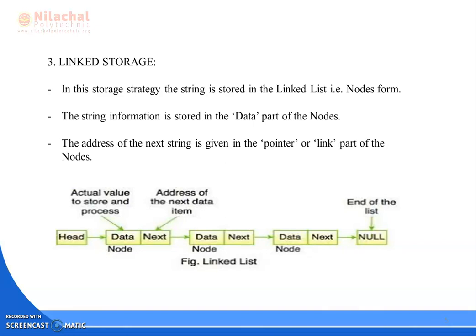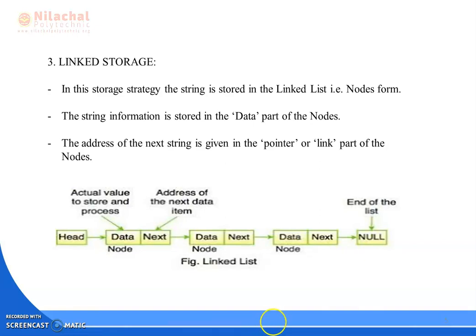Similarly, here the string is also stored in node form. The string information is stored in the data part of the nodes, and the address of the next string is given in the pointer or link part of the nodes.